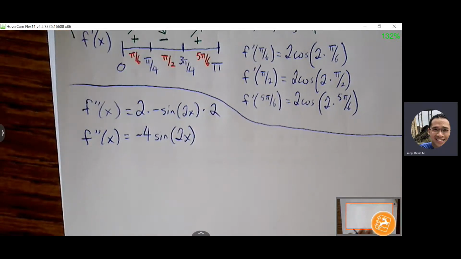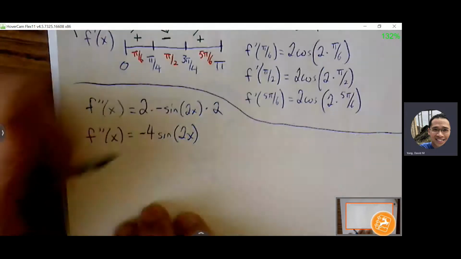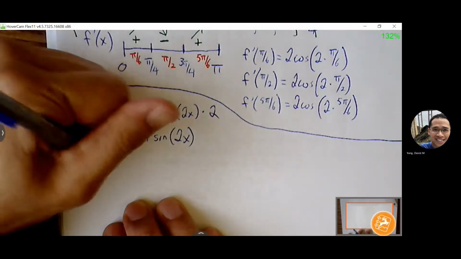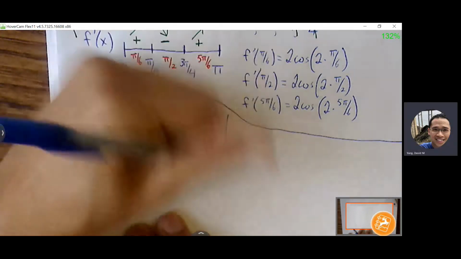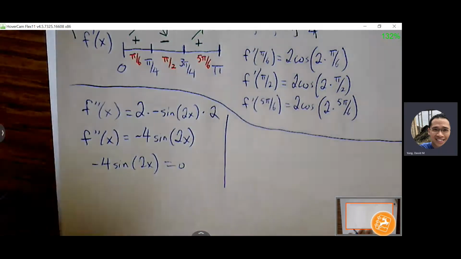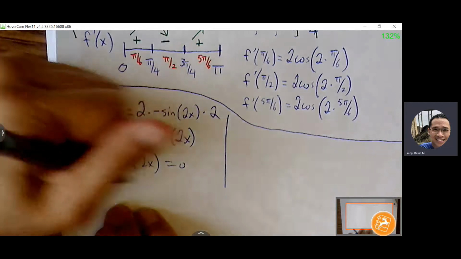Okay. So just like before, now that we have our second derivative function, we're going to find critical points, set equal to 0. Divide both sides by -4. It'll just go away because of the 0 on the other side.